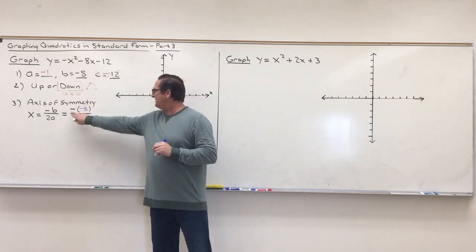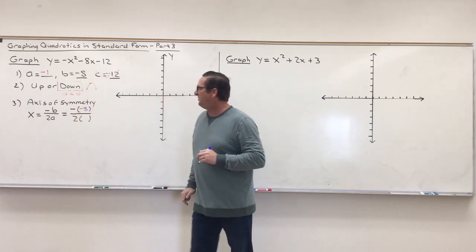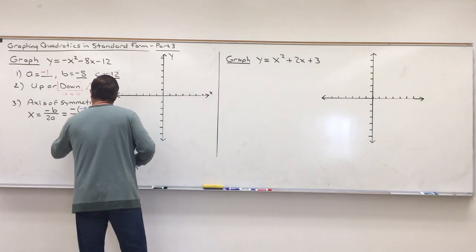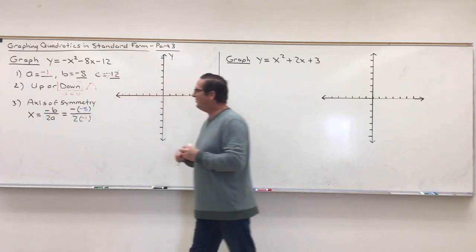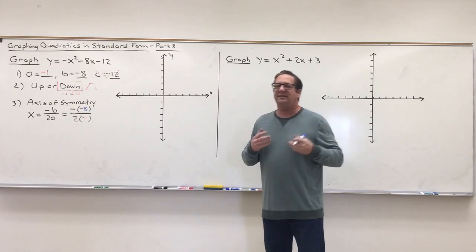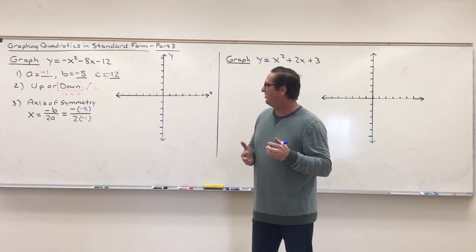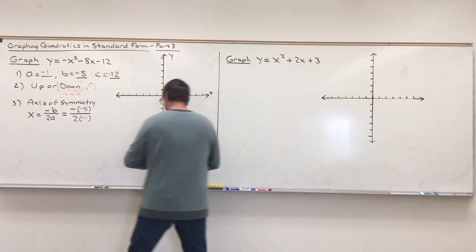So remember, when b is negative, it's a negative. And look at it this time. A is -1. You've got to get the -1 in there. It is so easy to forget. So we're going to clean this up.